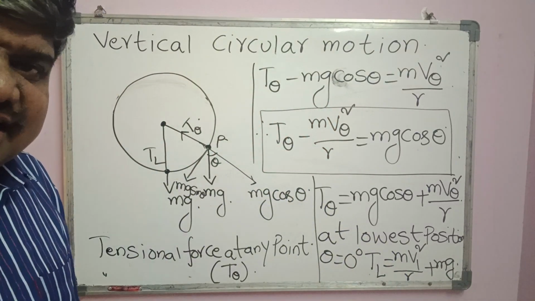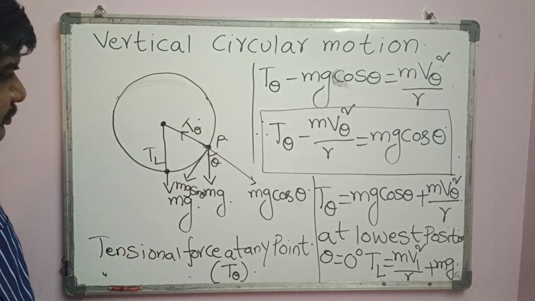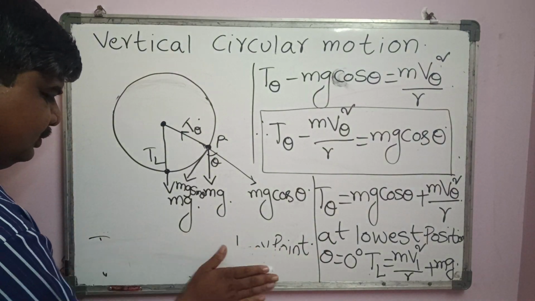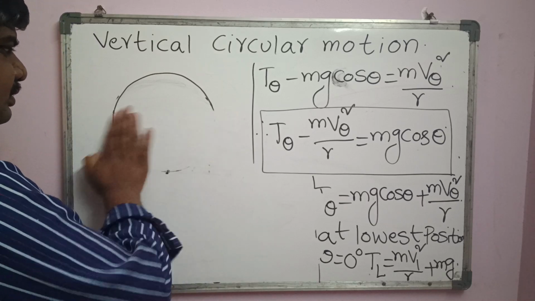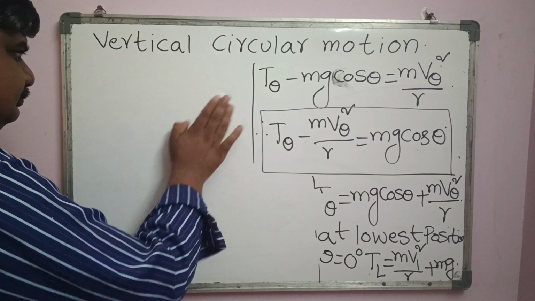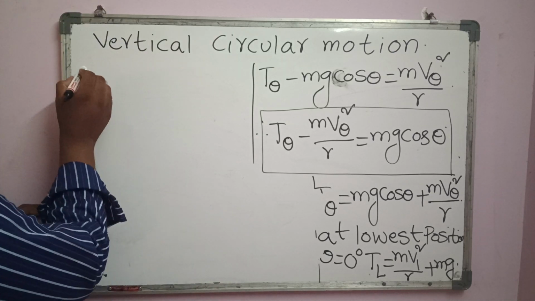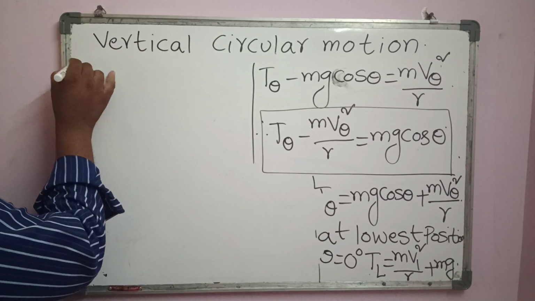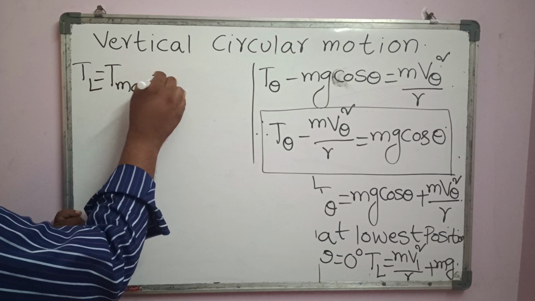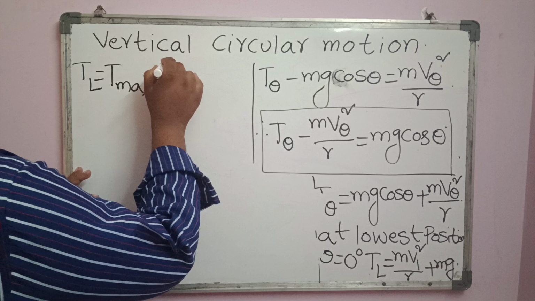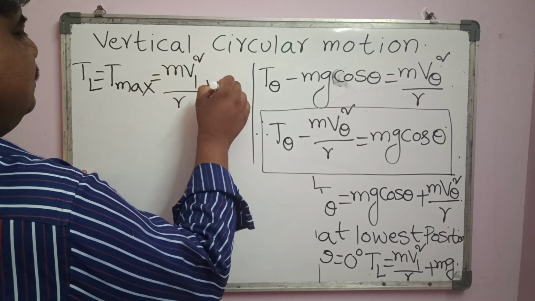At the lowest position its tensional force is always maximum. So we can write TL, which is nothing but T max, equal to m v1 square by r plus mg.